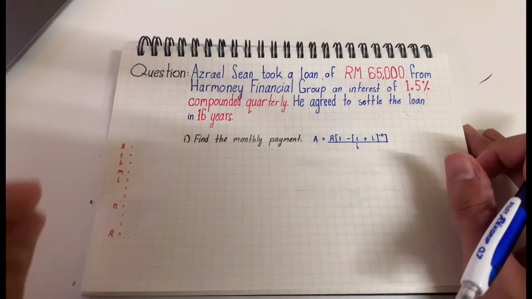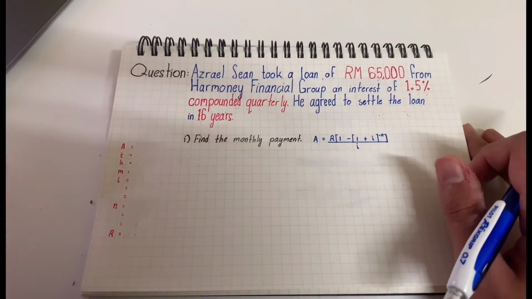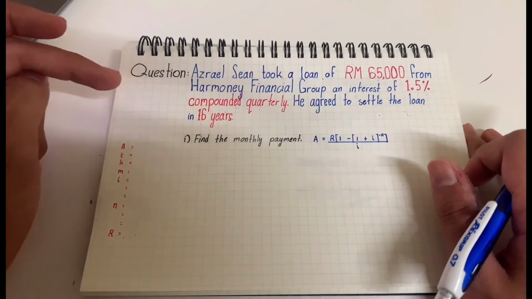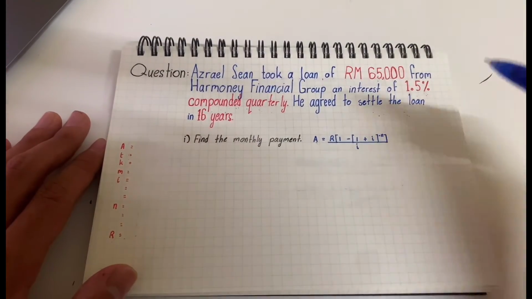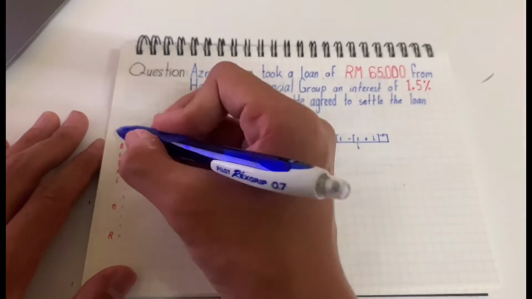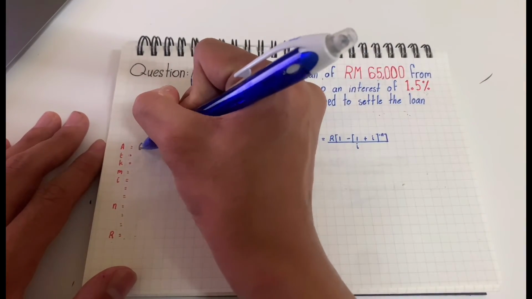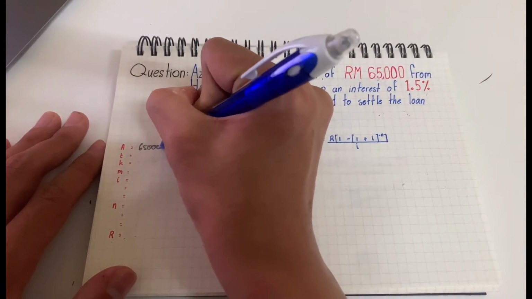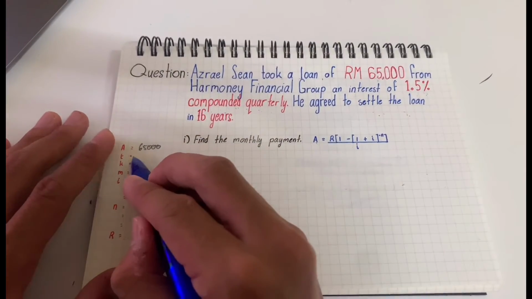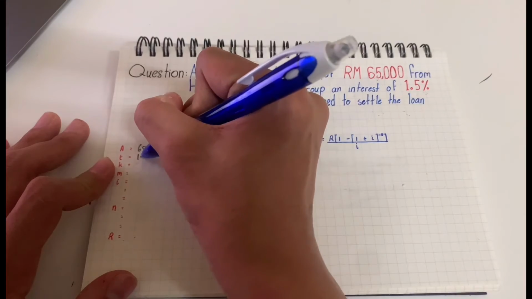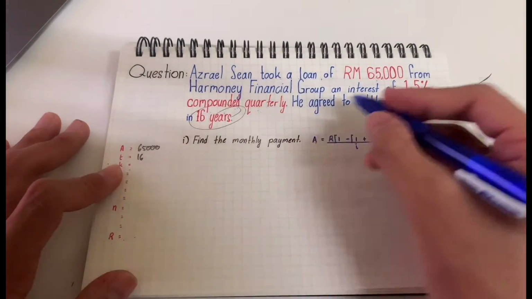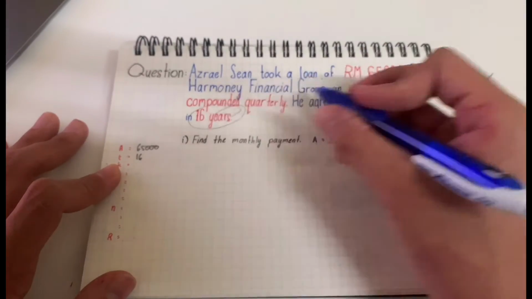So, the first thing you need to do is list down all of the clues from this question. 65,000 ringgit is the present value. Present value is equal to A. So, A equals 65,000 ringgit. Next is T. T refers to the time, 60 years. And k is the percent of compounding.